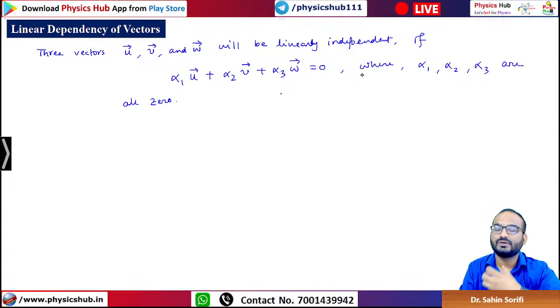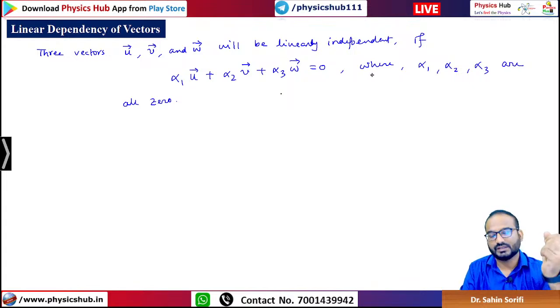And when these vectors are linearly independent, they will form the basis. Basis means what? If you take the case of your Cartesian coordinates, i cap, j cap, k cap, these three vectors are linearly independent. You cannot express i in terms of j or k, you cannot express j in terms of i cap or k cap, or k cap in terms of i cap and j cap.